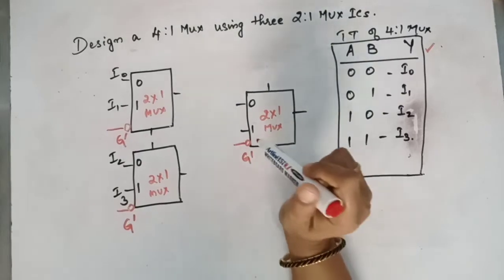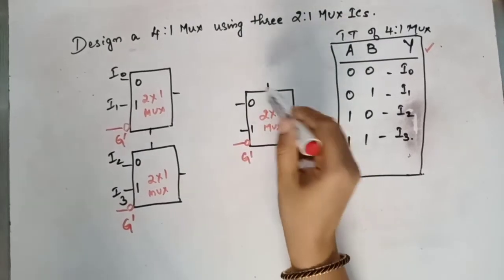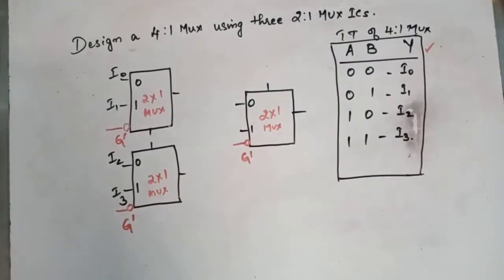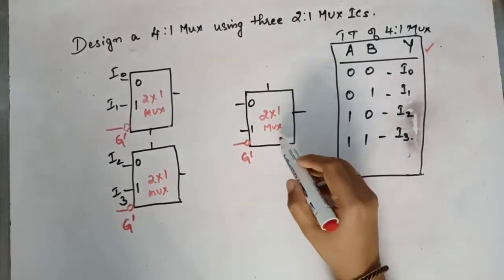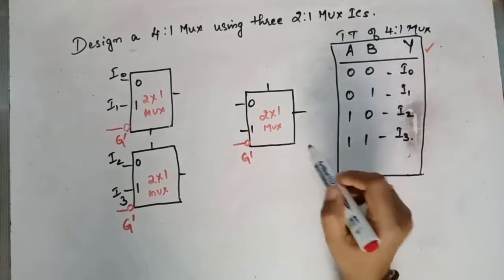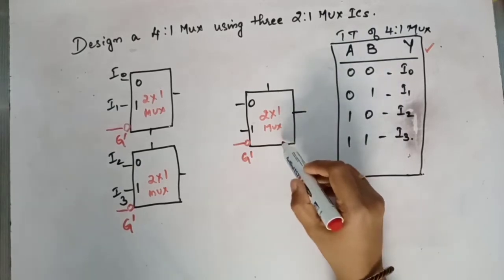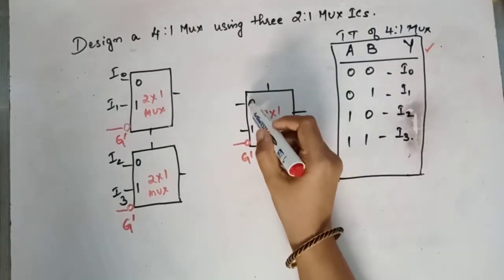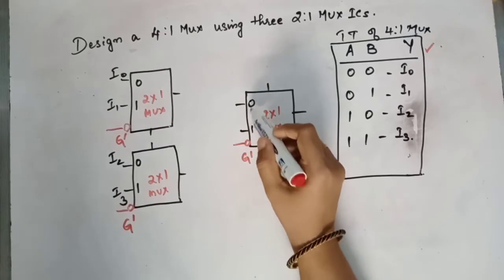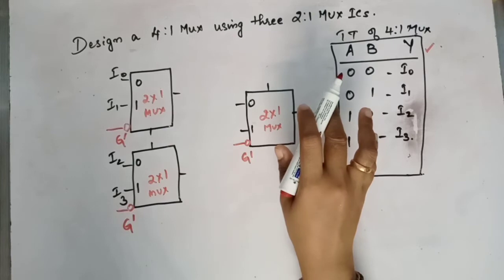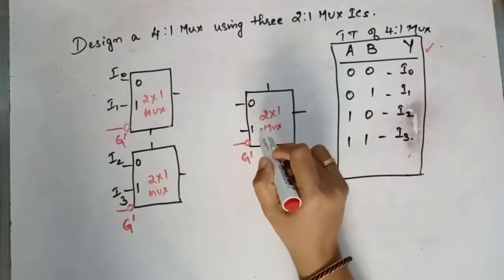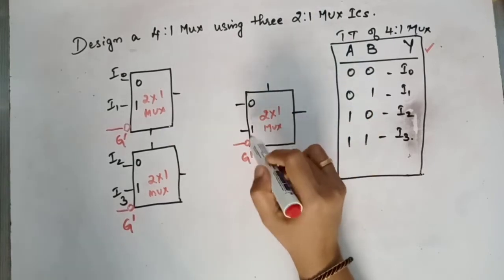But in this particular case, we don't have an OR gate. Instead, we have a 2x1 mux. Now, what is the role of this 2x1 mux? The role of this 2x1 mux IC is that it will select one of these inputs. Since we don't have any gates here, what would this particular mux IC select?